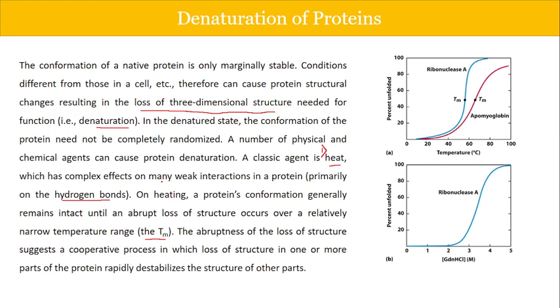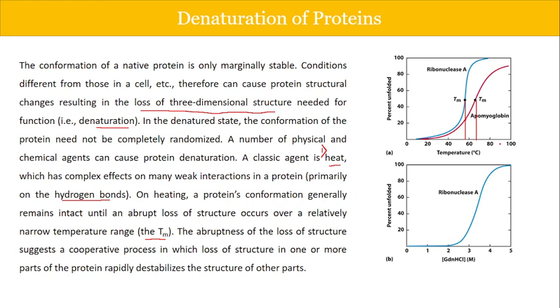We can see that the Tm of ribonuclease is somewhere around 58 degrees centigrade, whereas for apomyoglobin the Tm is around 66 or 67.